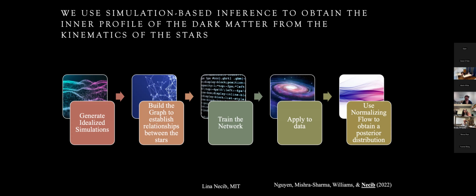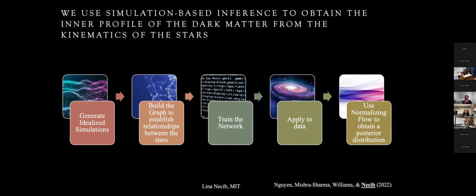We generated idealized simulations, basically distribution function simulations. It's not really a simulation, it's more a realization where you have a potential and then you generate stars that obey this potential and are in equilibrium. We generate these idealized simulations with different inner profiles, so different gammas.